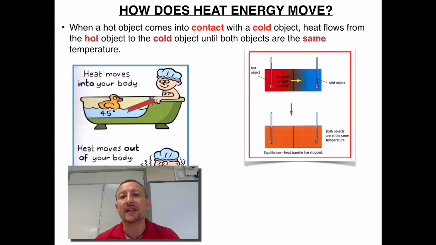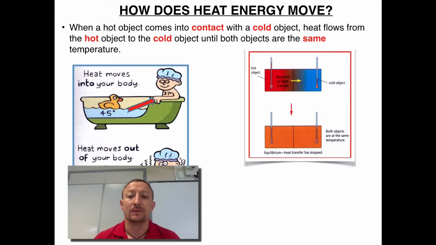That will continue to happen until both sides are equal, that both sides will have the same amount of heat energy. If they both have the same amount of heat energy, they will both have the same thermometer reading. Just note that the amount of heat energy will be different to the numerical value of the thermometer. Okay, so if you had 300 joules of energy, it doesn't mean you've got 300 degrees C.